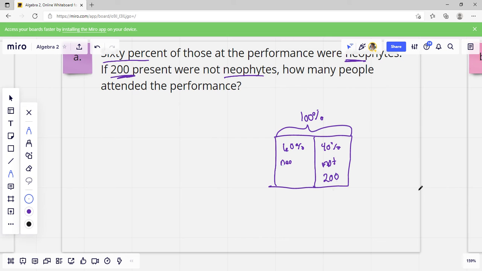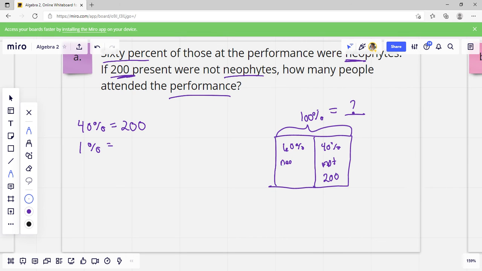So 40% is 200. How many people attended the performance? So that's going to be the whole thing. That means we're looking for what's 100%. Okay. So if 40% equals 200, we need to find out what 1% is.